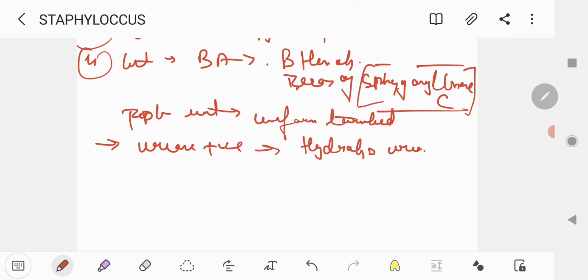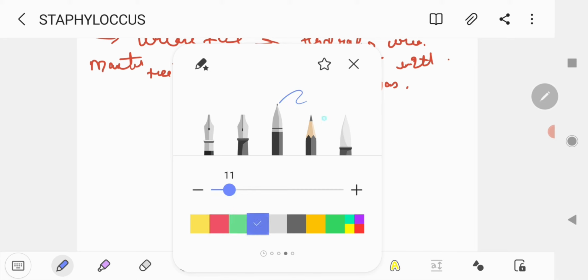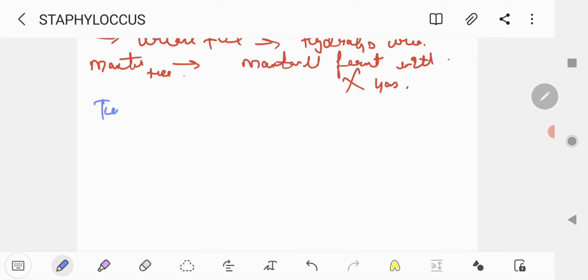Okay, mannitol positive. I already told you about this. The last is typing. Okay, I will choose blue. Typing. So Staphylococcus aureus shows two types of typing: bacteriophage typing and molecular typing, both.